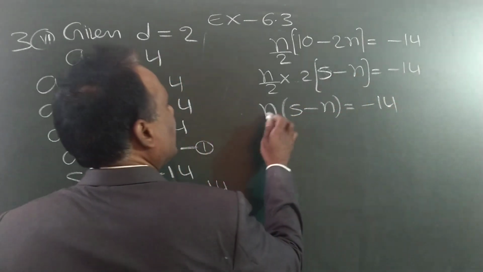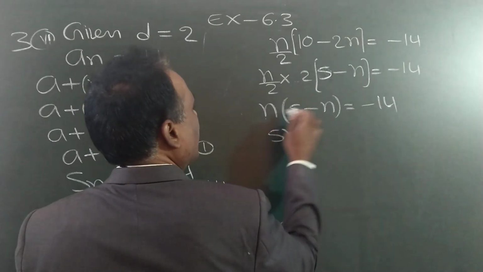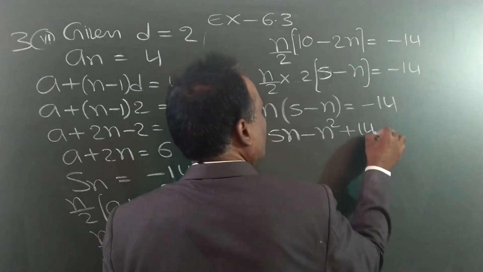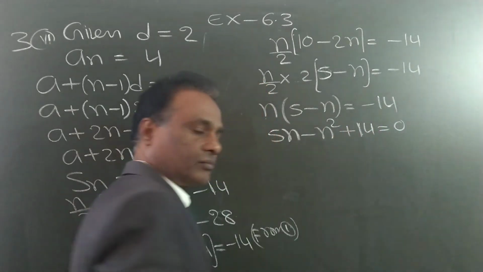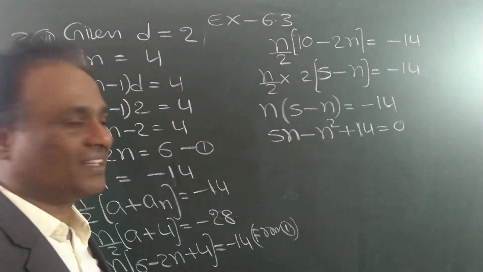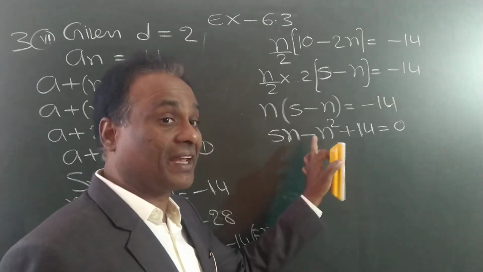Now multiply. n into 5 minus n gives 5n minus n square, equal to minus 14. Taking it to this side, plus 14. Generally we write n square first. The first term should be n square, and let us make it plus.